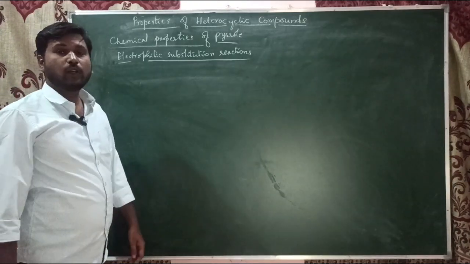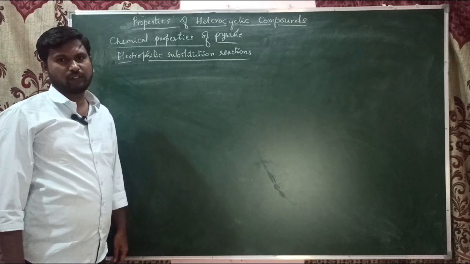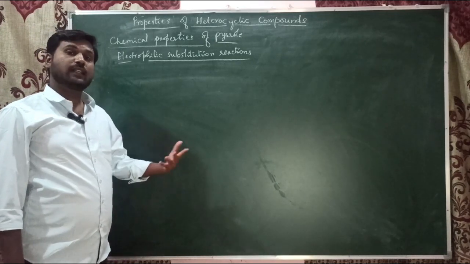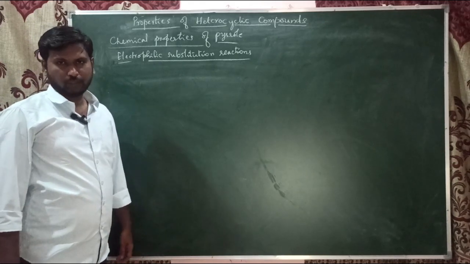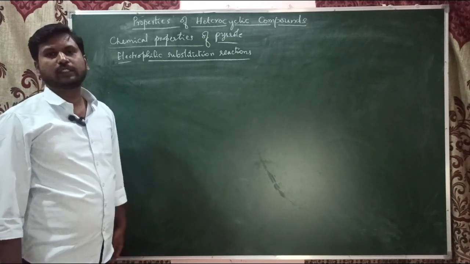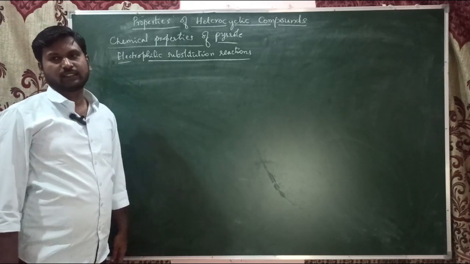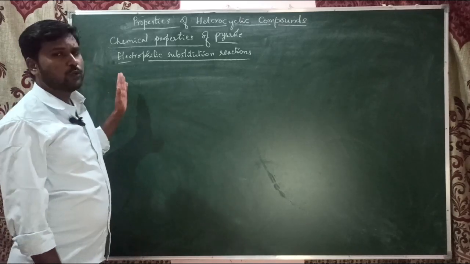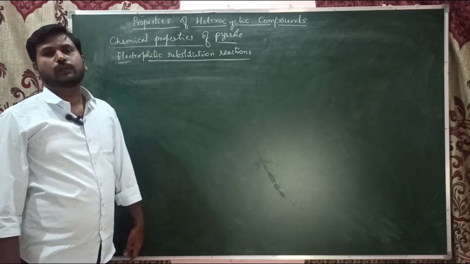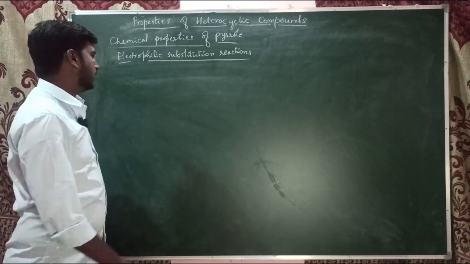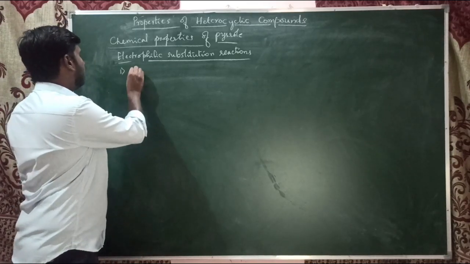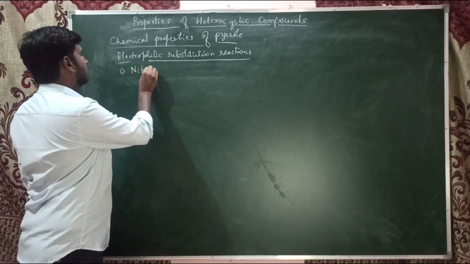Students, pyrrole is more reactive towards electrophilic substitution reactions even than benzene, because in benzene we can find only two resonance structures. Here we could see three resonance structures, so it is more reactive towards electrophilic substitution reactions than benzene.